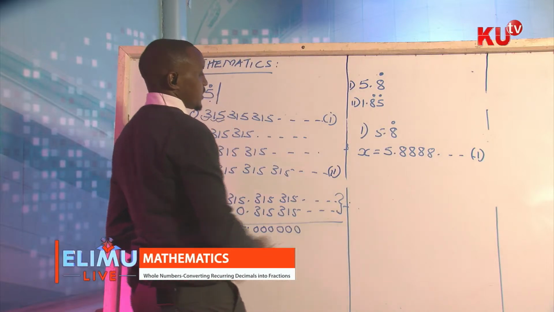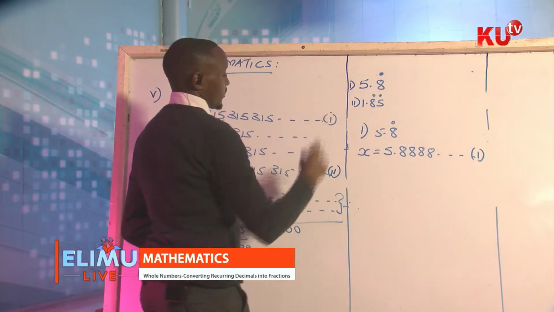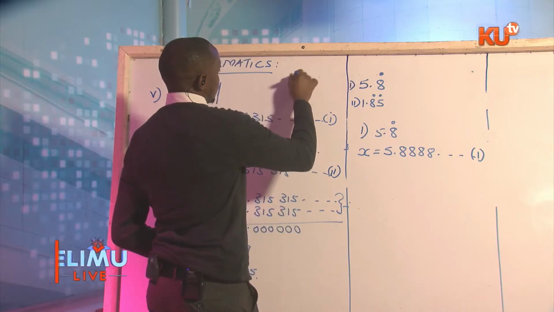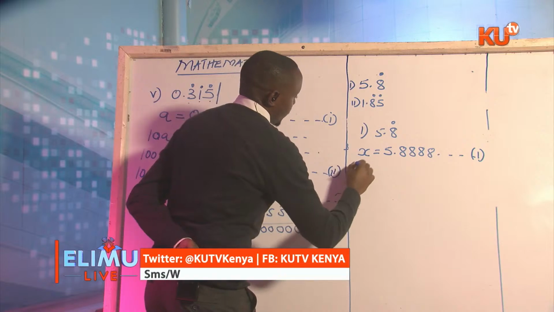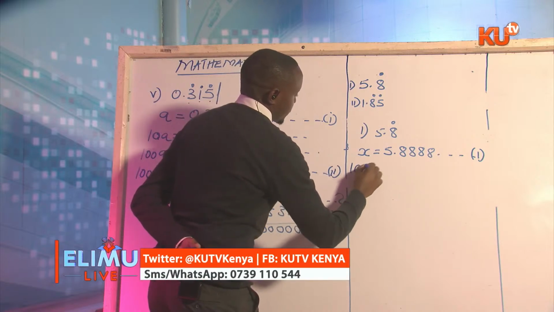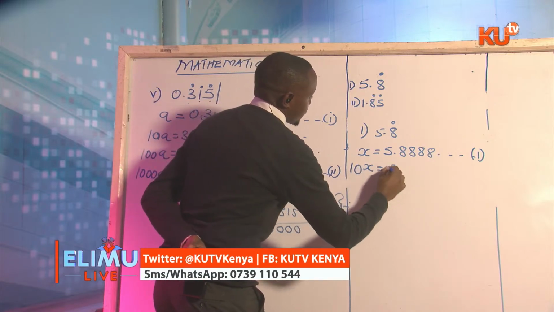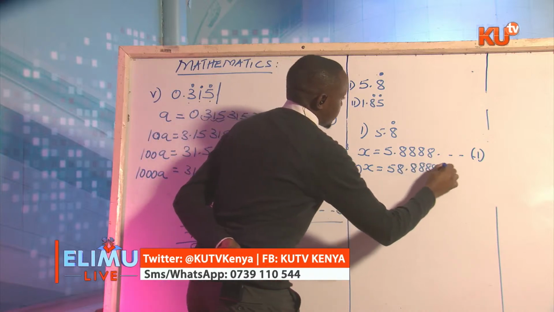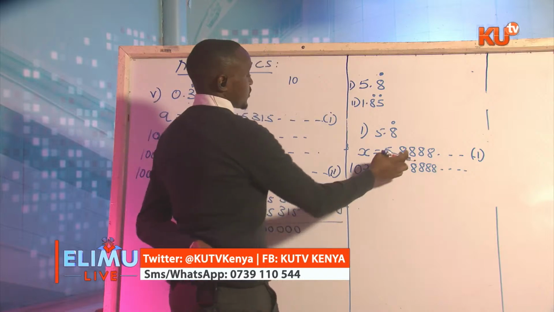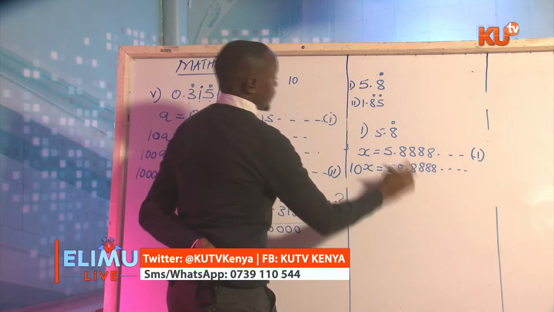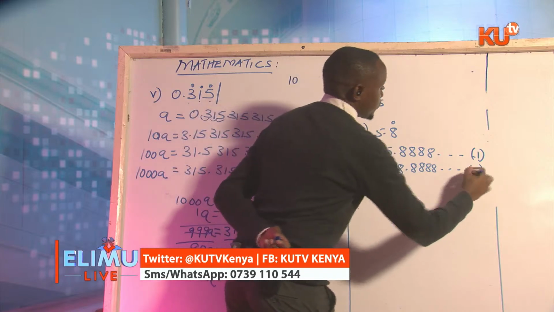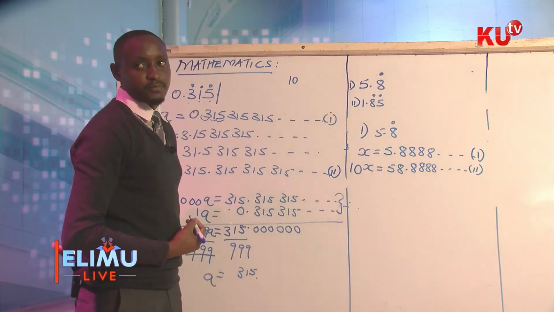So, as I said, if the number recurring is 1, it is wise to multiply by a multiple of 10 with 1 zero, which is 10. So when we multiply x by 10, which is 10x, this becomes 58.8888 recurring. And of course, if we subtract this from this, we shall eliminate the decimal part. So we choose that to become our equation 2.